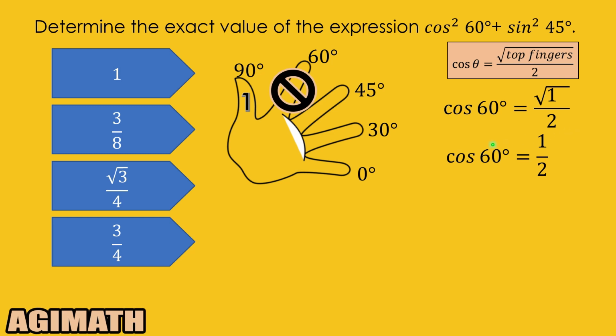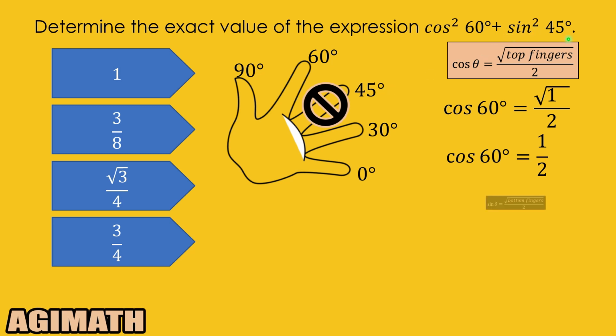And then, as I said earlier, do not focus first on the exponents. You find first the value of cosine 60 as well as this value of sine 45 degrees. So for sine 45, we change the finger that we are going to hold on. This time it's the middle finger representing the 45 degrees. Now, we have sine 45.